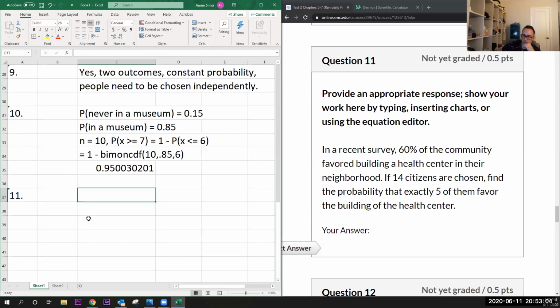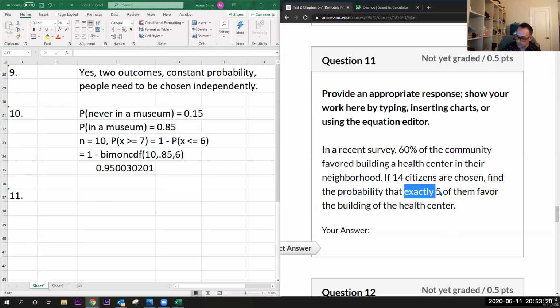So how would you do that one? Binomial PDF, right? Yeah, I would do binomial PDF because it says exactly 5.